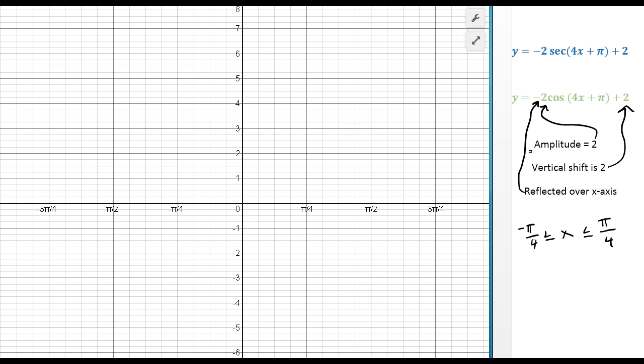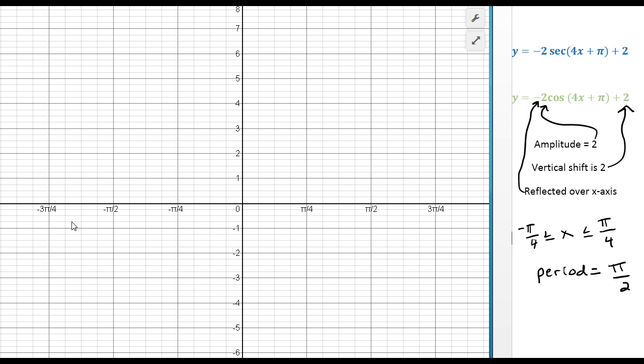So that means my period is going to be pi over 2. Alright, so what I need to do is to put my 5 key points on. So I'm going to be going from negative pi over 4 to pi over 4. Now, normally in cosine, we're up at the top at both ends, but because it's reflected, we're going to be down at the bottom.